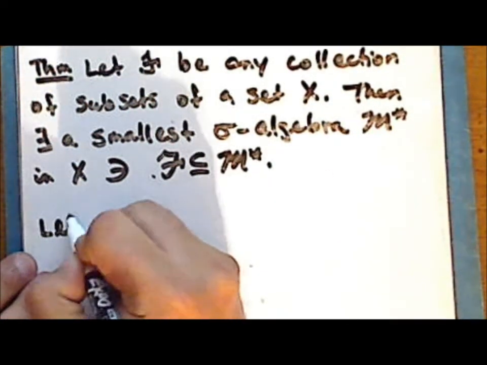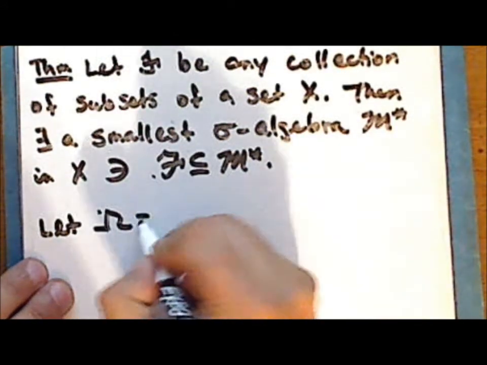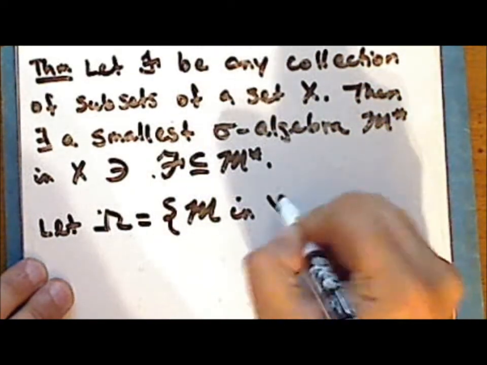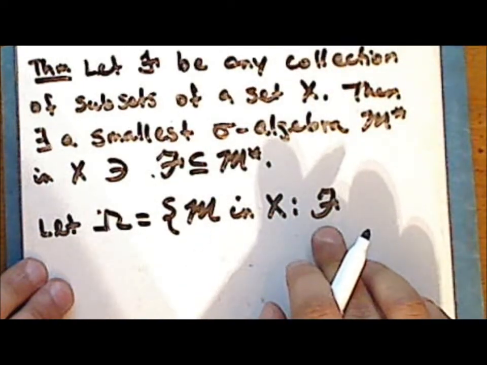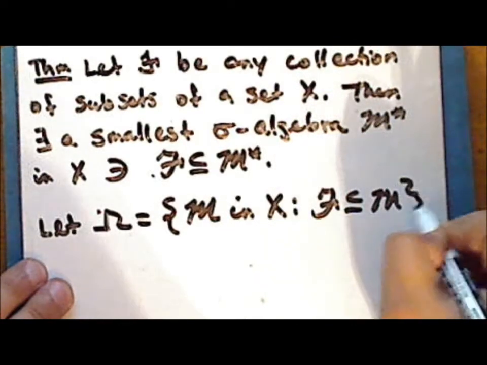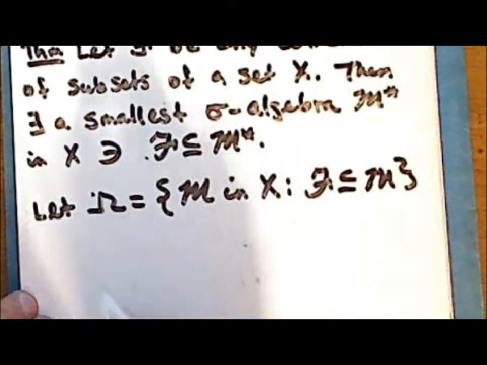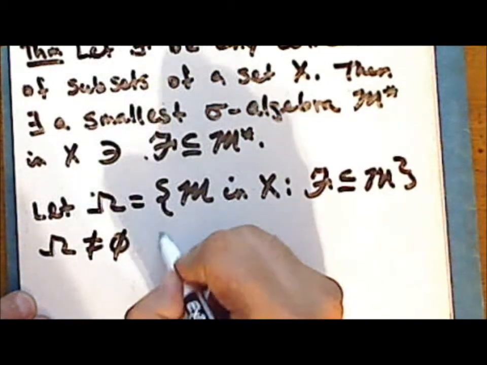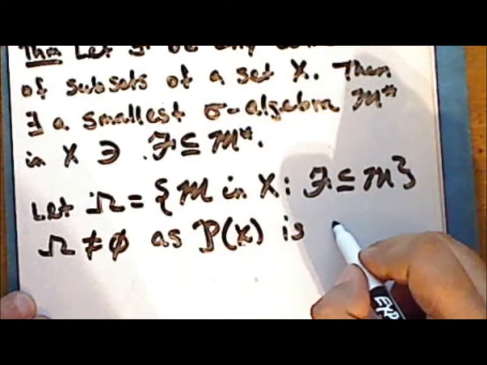So let the set omega be the set of all sigma algebras in X, such that this family of subsets is a subset of that sigma algebra. Now this set, as we have defined it, is not empty. Omega is not empty, as the power set of X is one such sigma algebra.